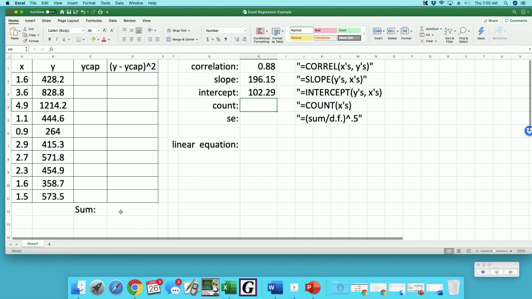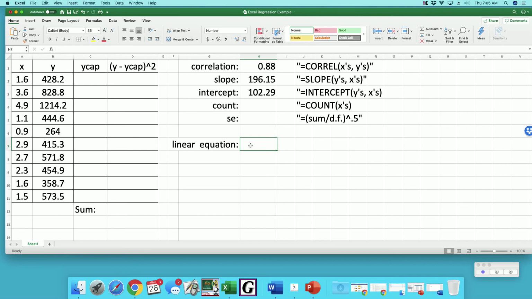So I'm going to come down here and write my equation. Y equals 196.15x plus 102.29. So that's my linear equation.